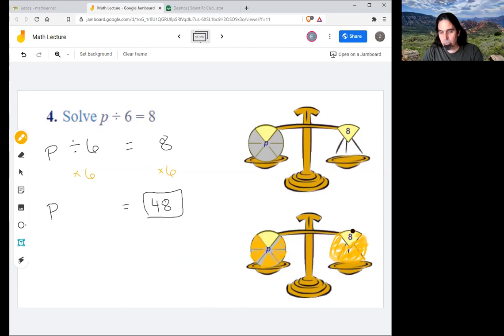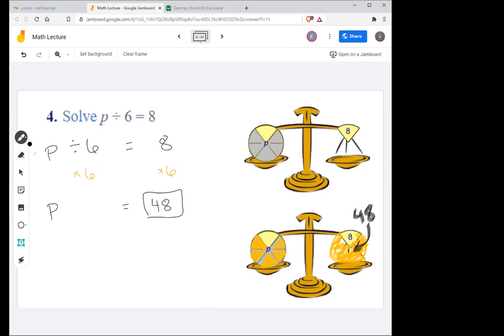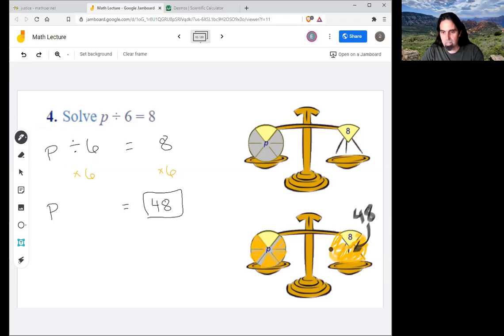And how big is it going to be on this side? If each of those is 8, then the whole thing is going to be 48. So 8 and another 8 and another 8 and another 8 and another 8 and another 8, right? 6 8s makes 48.